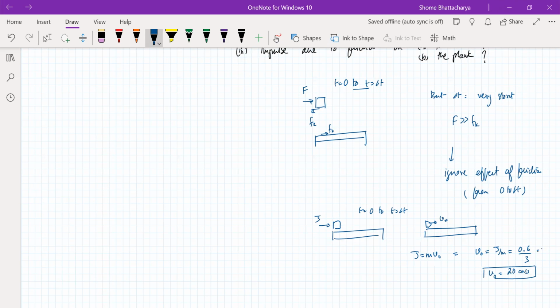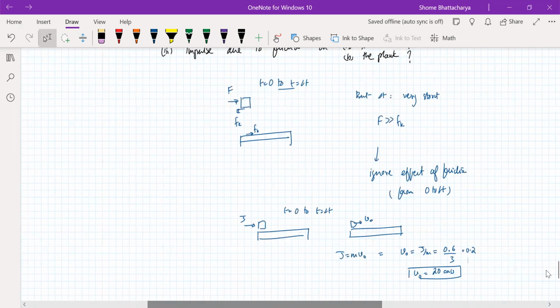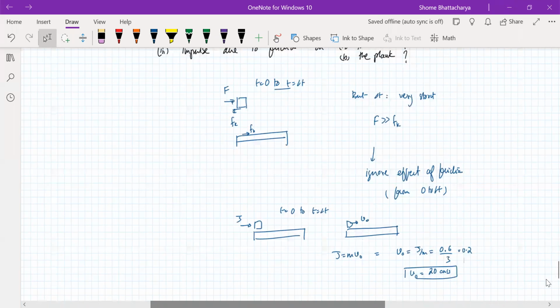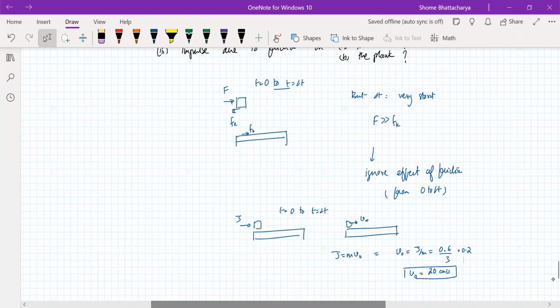Now friction comes into play. Once this event is over, this sharp impulse acting on this, now you start taking the effect of friction, because friction acts over a sufficiently long amount of time.